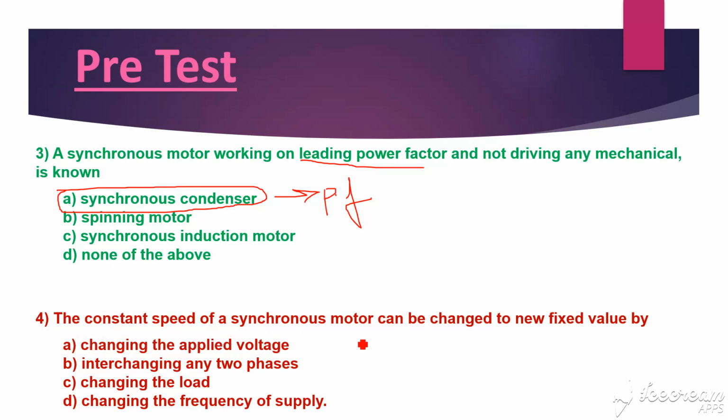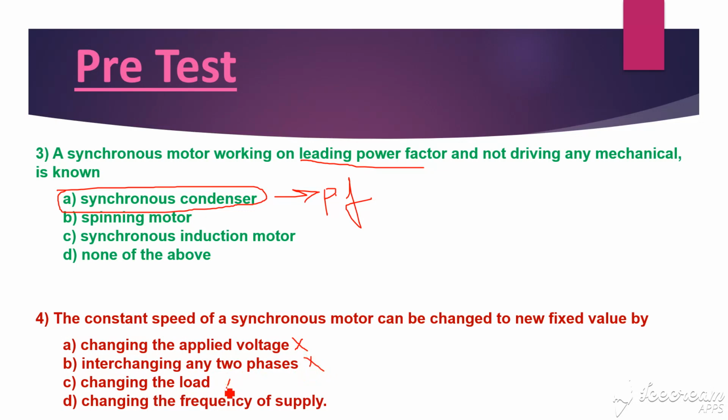The fourth question: the constant speed of a synchronous motor can be changed to a new fixed value by option A, changing the applied voltage, option B, interchanging two phases, option C, changing the load, option D, changing the supply frequency. By changing the voltage, we are not able to change the speed, and interchanging any two phases does not respond to speed change.